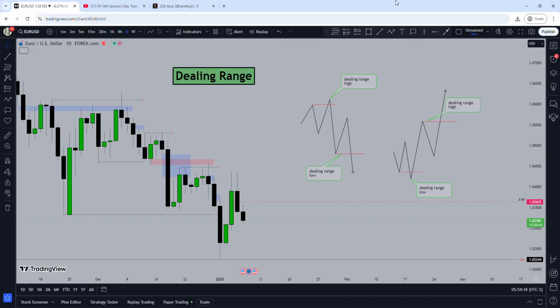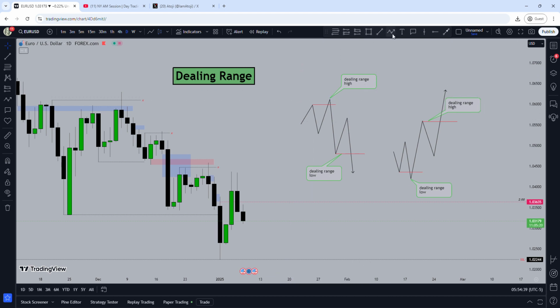So yeah, a dealing range is a pattern, I would say, that sweeps a high first and then displaces below, in the direction of the market you are expecting price to head towards. Are you with me?